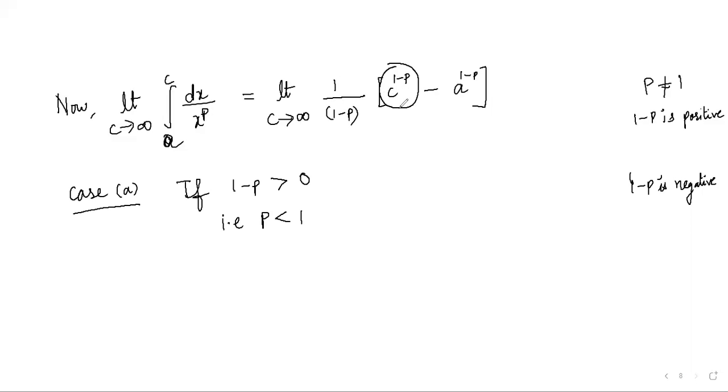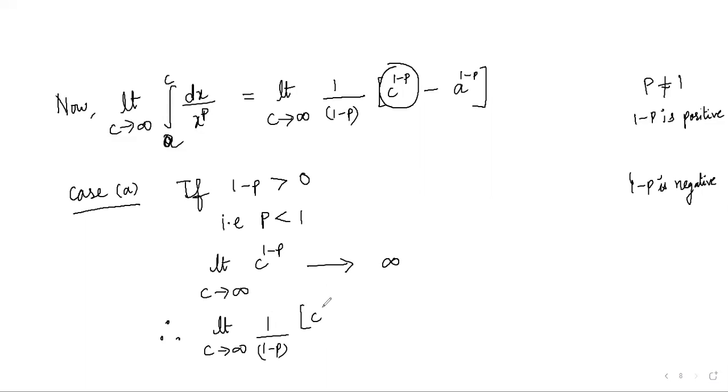So in this case, the limit c tending to infinity of c raised to power 1 minus p tends to infinity, and therefore this complete limit which we were evaluating does not exist.